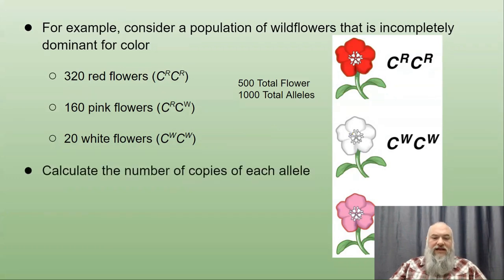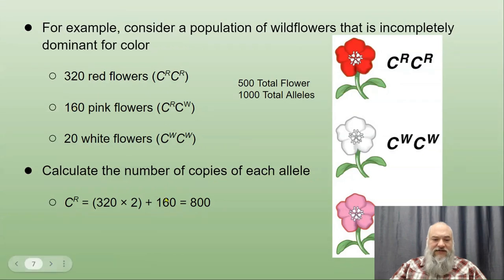If we want to calculate the number of copies of each allele, how do we do that? Well, for this allele, the big C, big R, we know we've got 320 who have 2 of those. So 320 times 2 gives us how many C, big R alleles we have in this group. Plus, in the heterozygous group here, we've got 1 of those in every individual. So that's 160 of those.